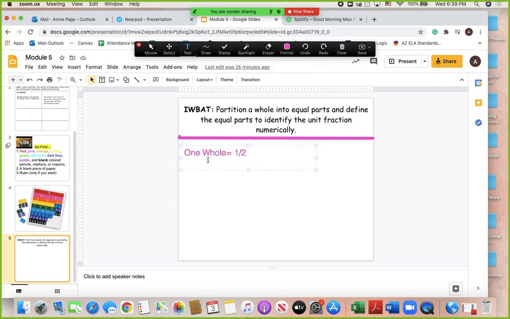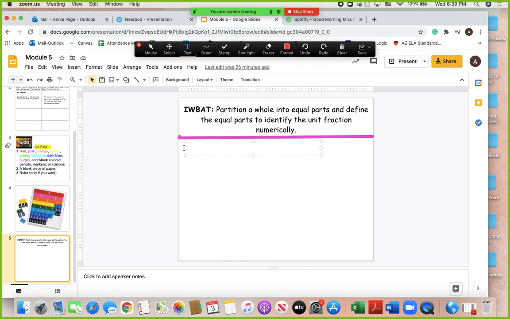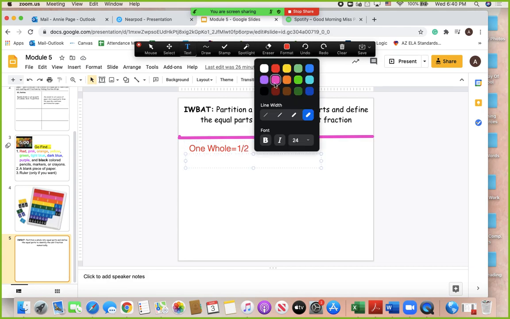Then I'm going to switch to pink. Bummer. All right, here we go. 1 whole equals 1 over 1. Okay, I'll grab a new one, and I'll go pink.